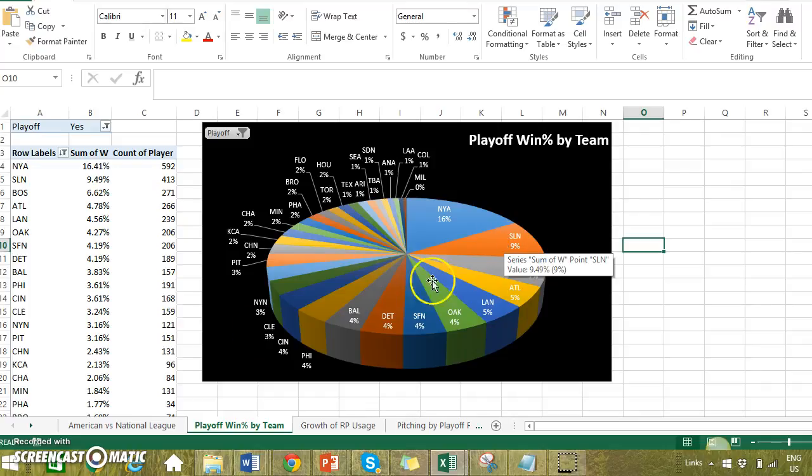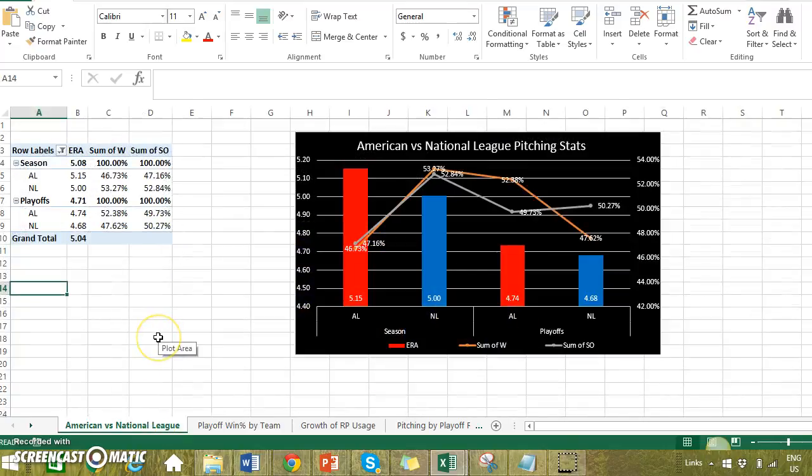So my next tab shows the two leagues broken down by their pitching performances all time. In baseball, there are 15 teams in the American League and 15 teams in the National League, adding up to a total of 30 teams, and they could be divided on this graph using a combo chart.